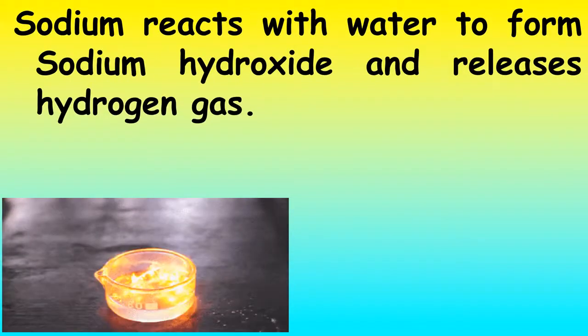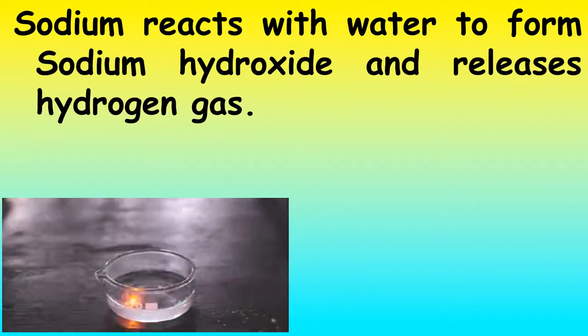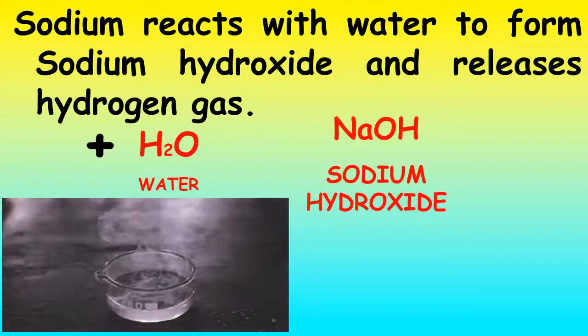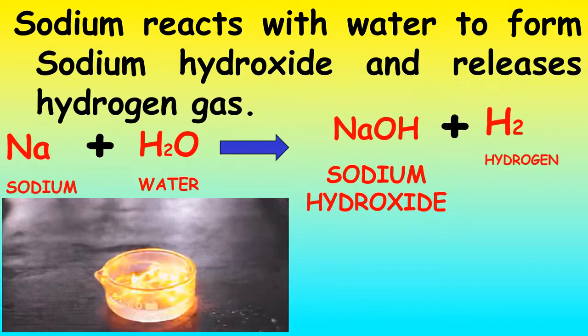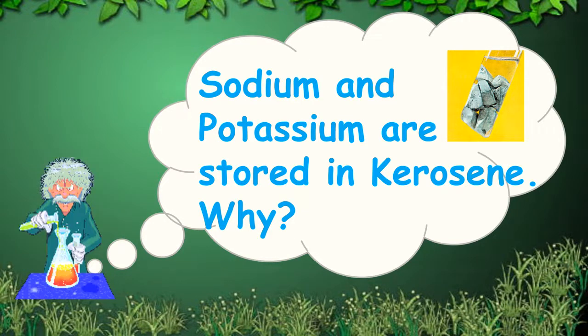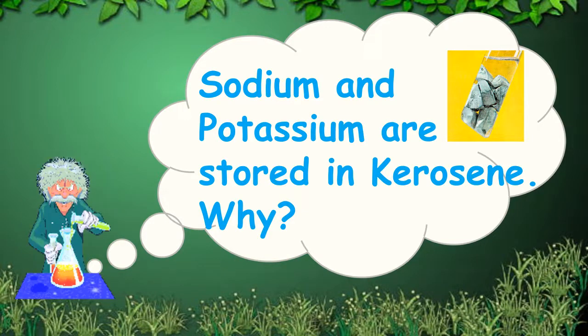Let us take some examples of metals. Sodium. Sodium is a very reactive metal. It reacts vigorously with water to form sodium hydroxide. Do you know sodium and potassium are stored in kerosene? Why is it so?